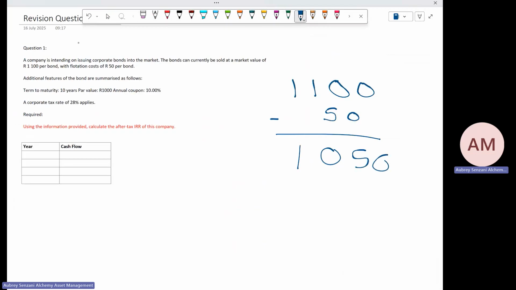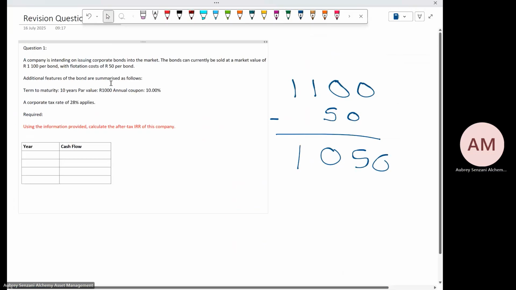So here at year 0, because that's current, we're saying 1,050. But again, to make our lives easy, I'm just going to put a minus because it's a cash outflow if you were an investor. Does that make sense? Then what do we do next?